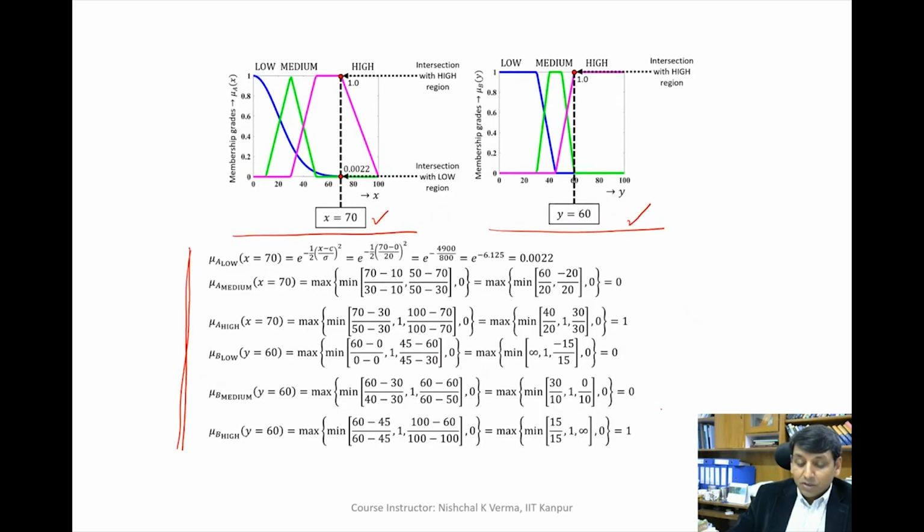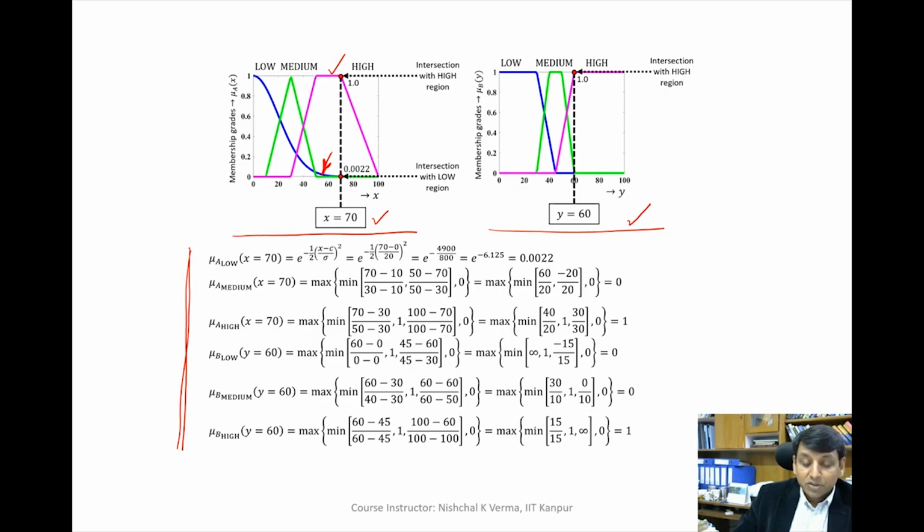Corresponding to x is equal to 70, when we plot this, we see that it falls under two fuzzy regions. The first fuzzy region is the high region, which is the high fuzzy set, and the other one is the low fuzzy region.